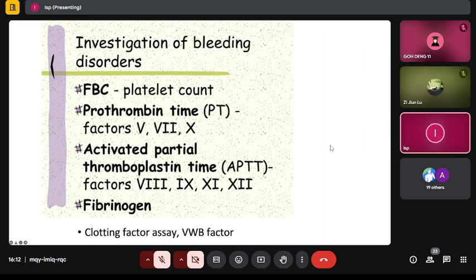Usually these are the tests that you will commonly see in the basic setting. If you suspect the patient has hemophilia, then you proceed with a specific clotting factor assay, like factor 8 or factor 9 level, or von Willebrand factor level. This is only available in a tertiary or big center.